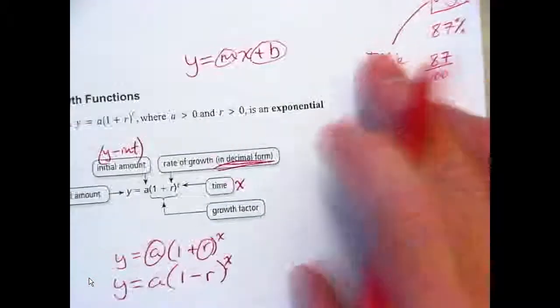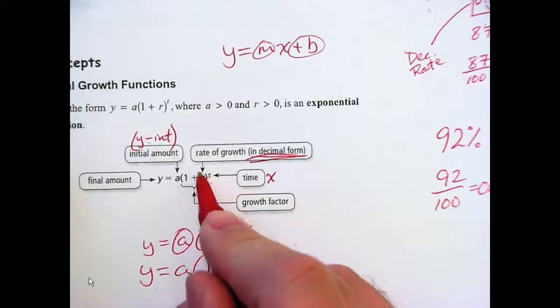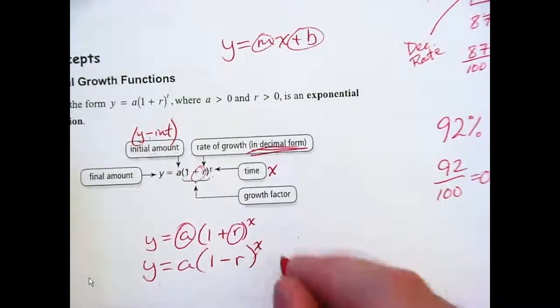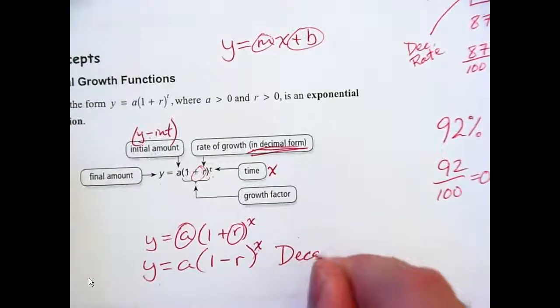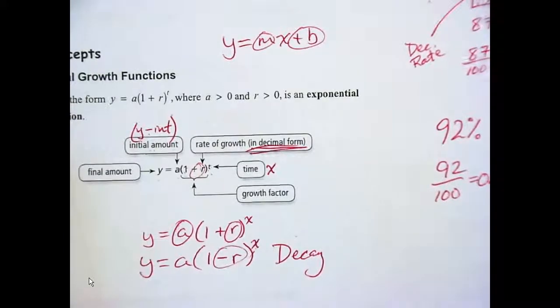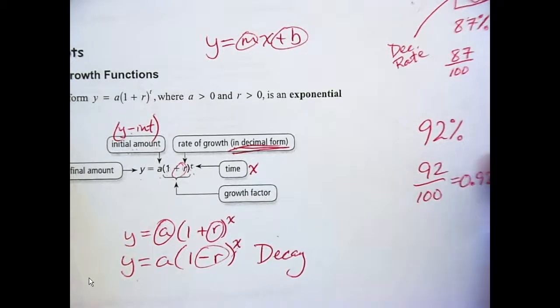All right, got it? So, if I'm dealing with growth, I'm adding a rate to 1. Why 1? Because 1's our favorite number today. When I'm dealing with decay, I'm subtracting a rate from 1. Once again, why 1? What does 1 represent?